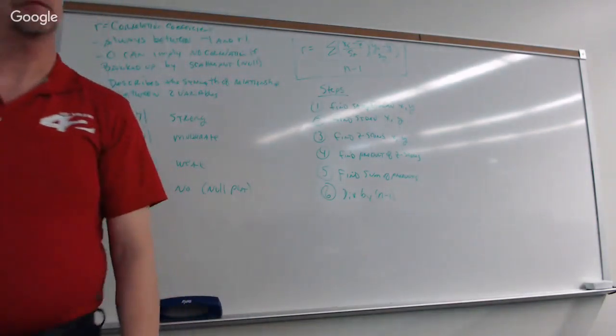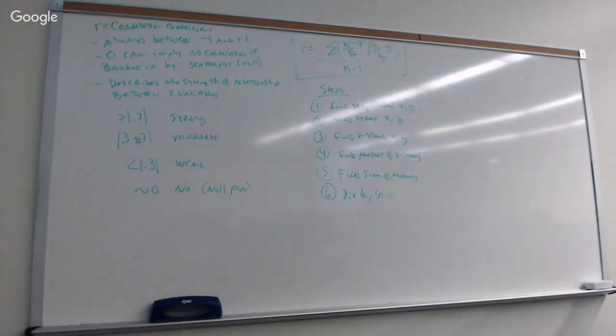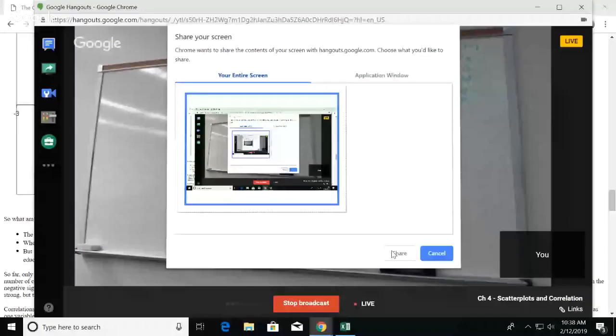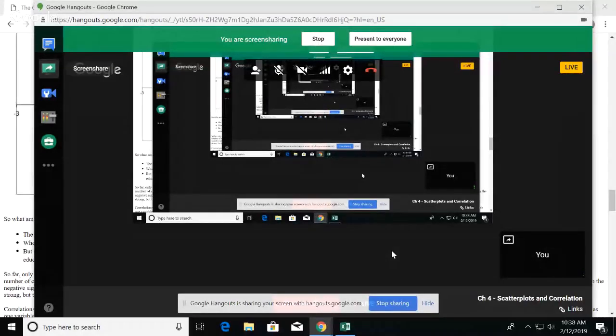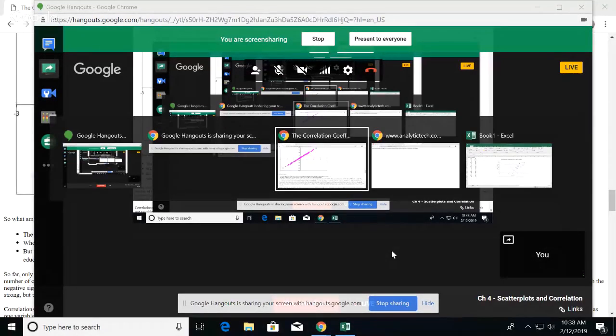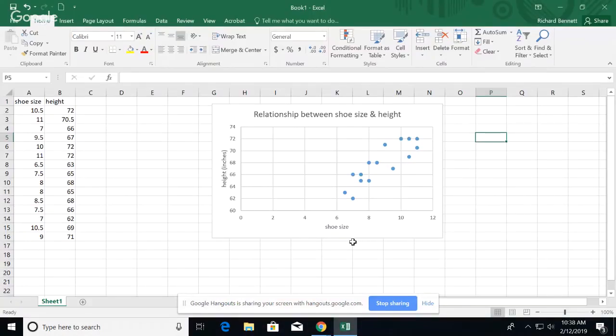Okay? So we're going to figure out how to find this, and we're going to use the data from the class that we just collected. So let's share. Sharing is caring. Okay? So we're going to find out if there's a strong, moderate, weak, or no correlation. It looks pretty strongly that there's no correlation, correct?